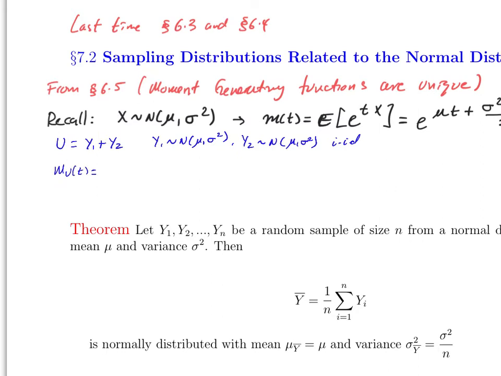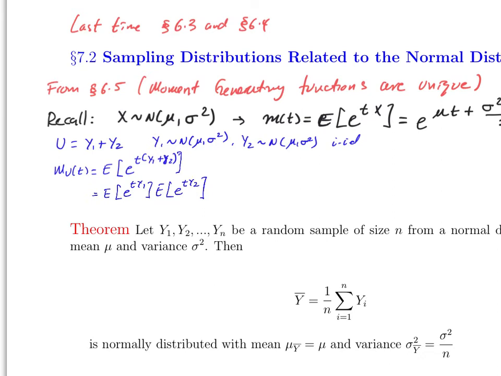By definition, this will be the expected value of e to the t times y1 plus y2. Notice that this will equal the expected value of e to the t y1 times the expected value of e to the t y2, because they are independent.